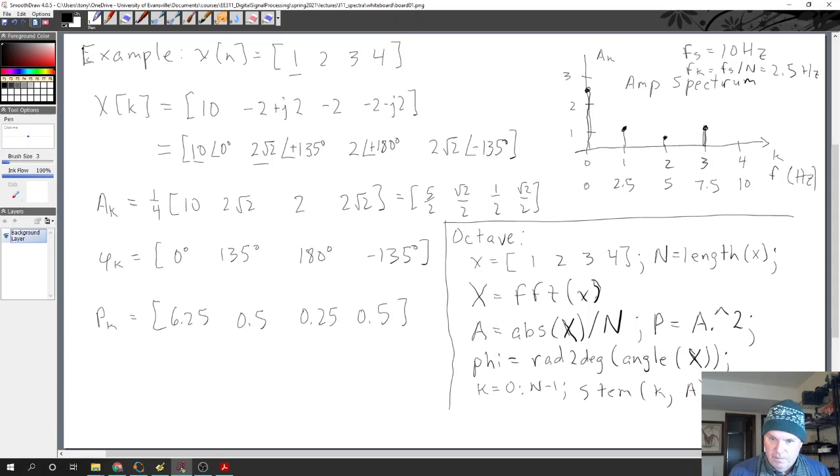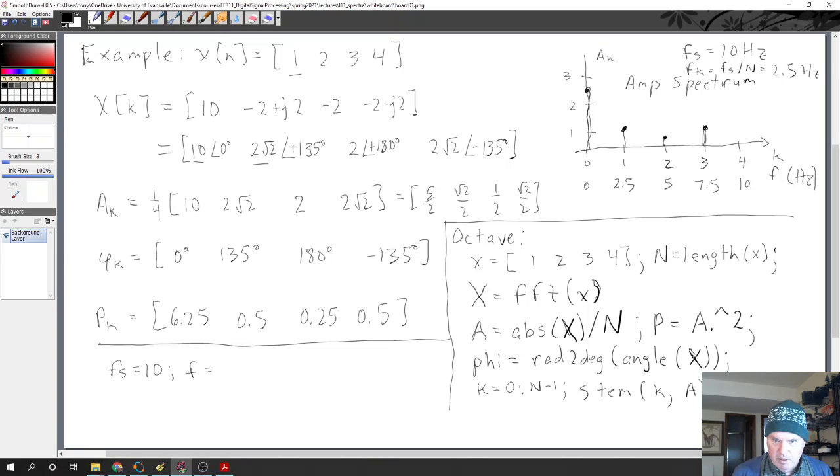If I wanted to plot in terms of frequency, I'd have to form my frequency vector. Looks like I don't have f of s defined in this script. So I could define f of s equal to 10. And then I could define my frequency vector.